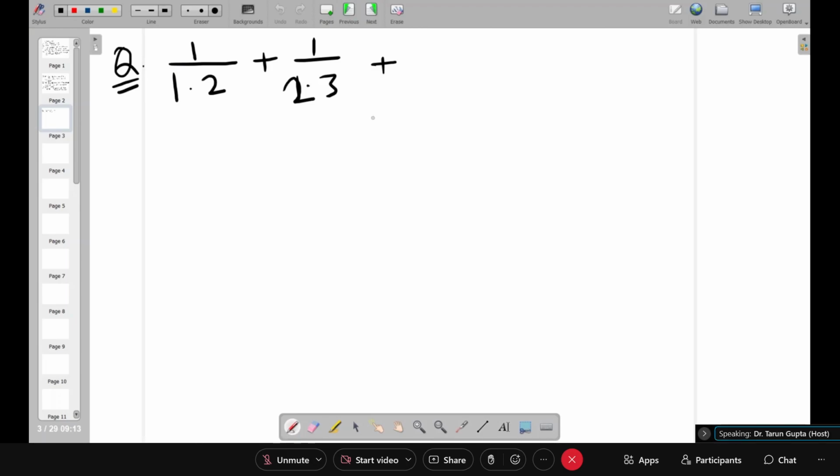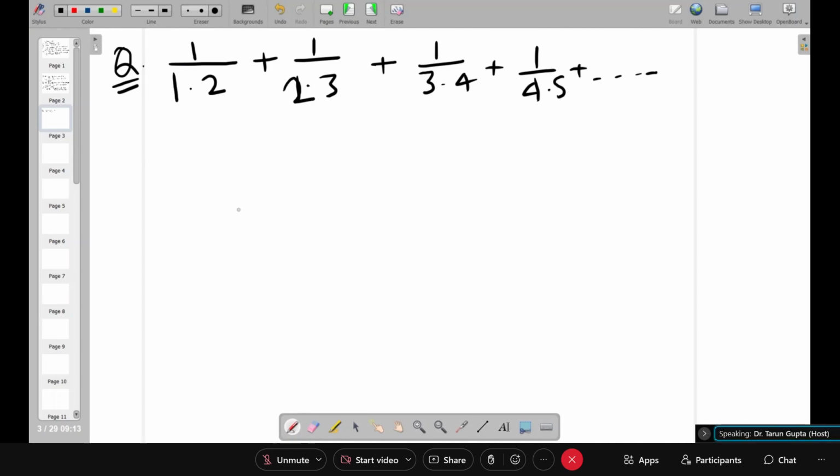Okay, now the question is 1 upon 1 into 2 plus 1 upon 2 into 3 plus 1 upon 3 into 4 plus 1 upon 4 into 5. This is our infinite series. You have to check. Here other tests also you can apply, but here you have to solve with comparison test and limit comparison test.